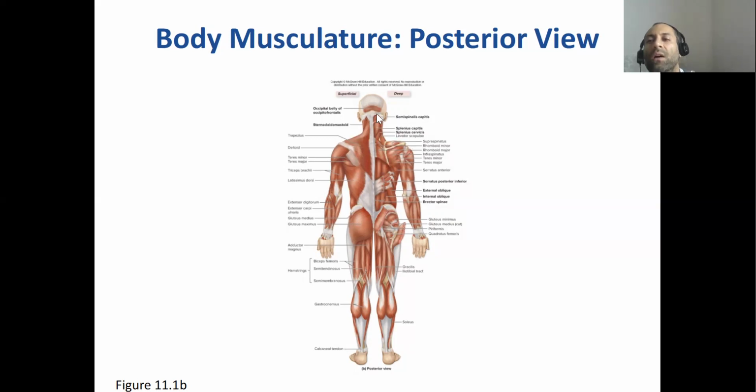It allows you to hyperextend your neck, to shrug your shoulders, to raise your arms. All of those actions are made possible by means of the trapezius muscle, right? This diamond-shaped muscle that you see here. So again, the names themselves are telling a lot about what those muscles are, where they're located, what they do, and those kinds of things. All right.